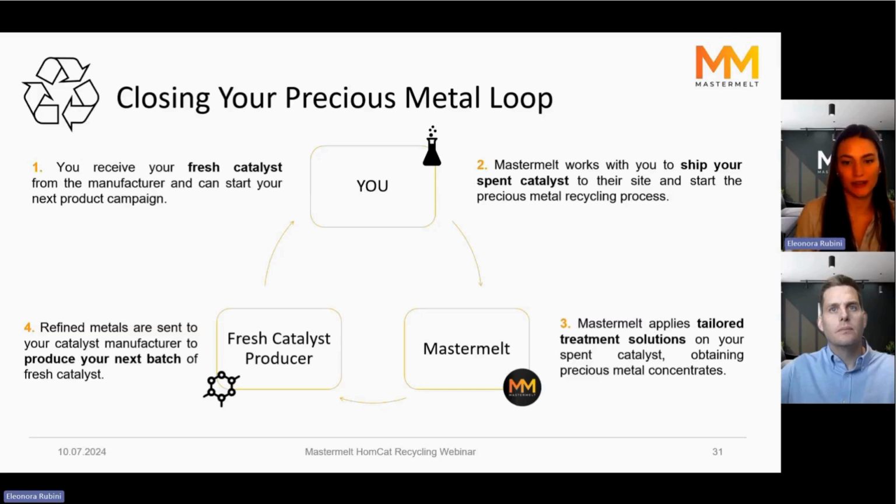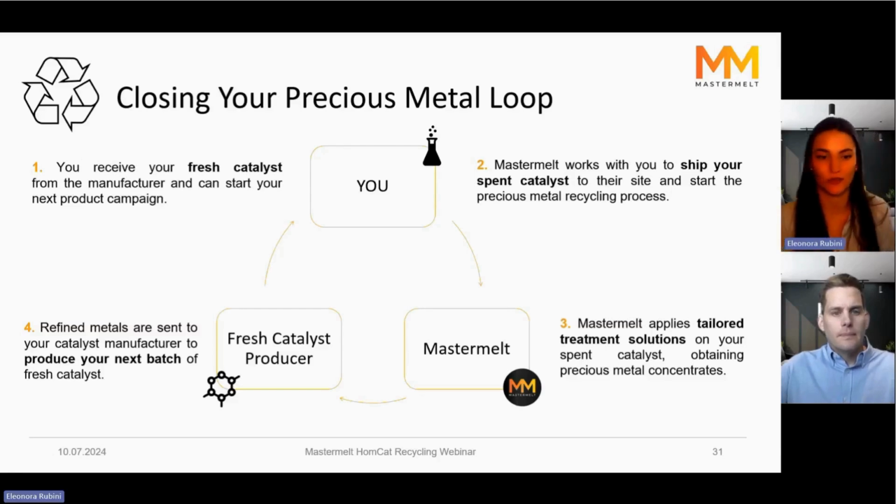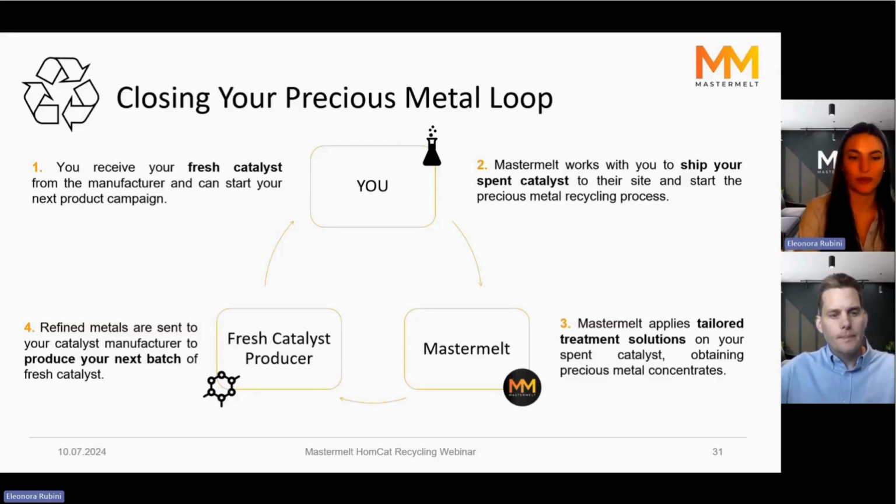We will then apply all the tailored treatment solutions that we were talking about earlier and obtain these precious metals concentrates. These concentrates are then refined and we obtain precious metals, which are then sent to your fresh catalyst producers, such as, for example, Johnson Matthey, that will be able to produce your next batch of fresh catalyst. And there you go, the loop starts again.